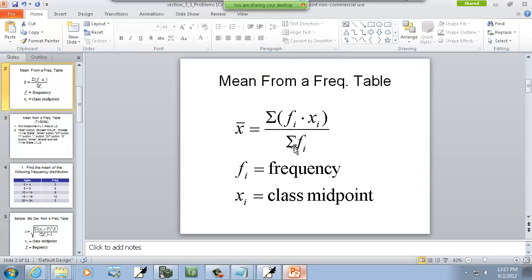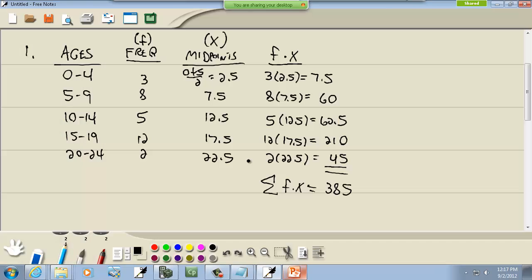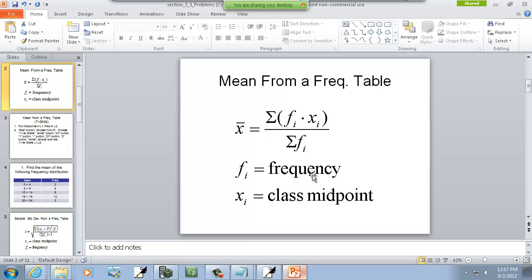Now the other thing we need for this is the sum of the f's. So we want to sum together the frequencies. 3 plus 8 plus 5 plus 12 plus 2. That gives us 30.